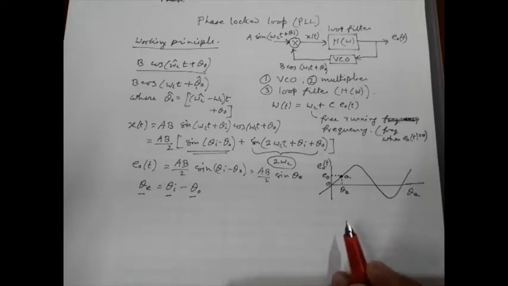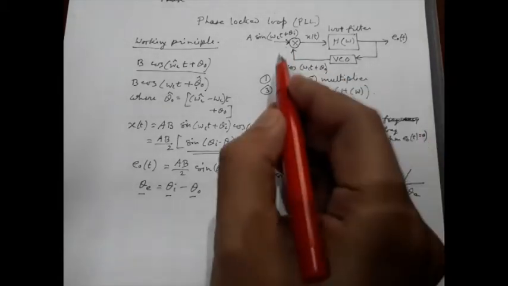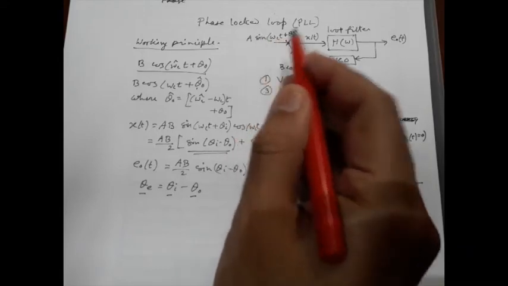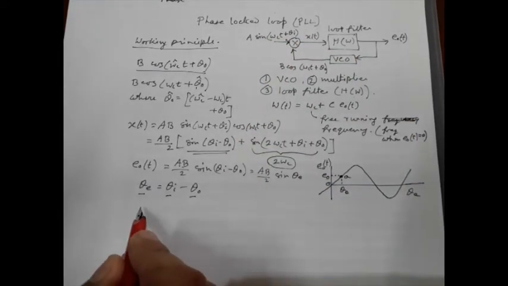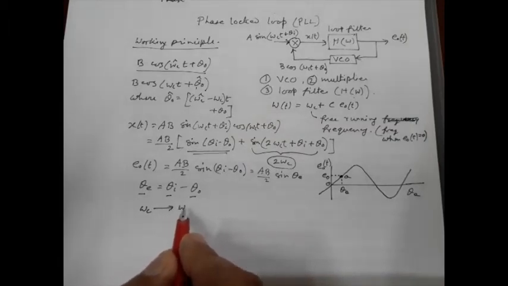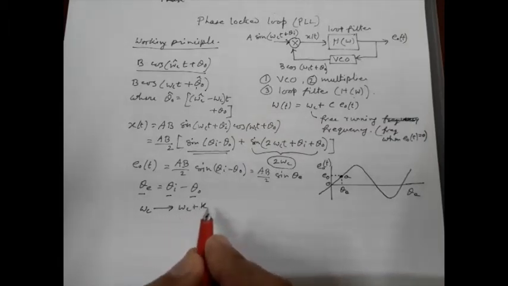Now assume that the input sinusoidal frequency is suddenly increased. That means the input frequency, which was originally omega c, becomes omega c plus some value, say k.